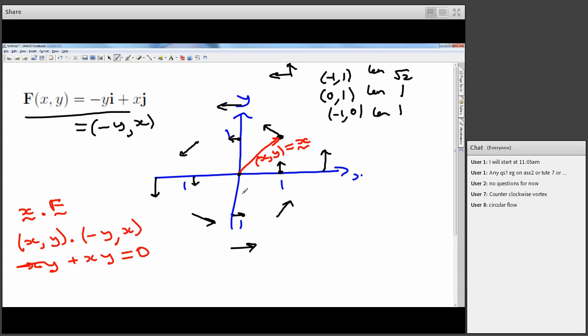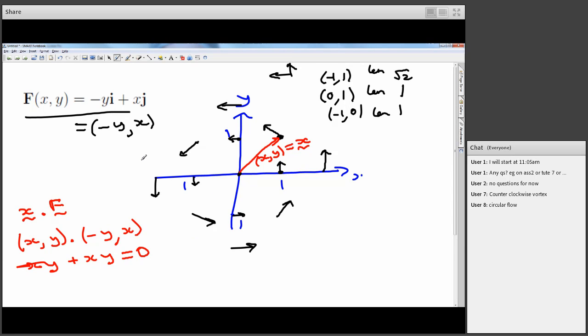Or sorry, it's flow, isn't it? So if you take the dot product with the flow, you're getting 0. That tells you that it's always flowing perpendicular to the position vector, which is really suggesting that it's a circle. So it's really moving in circular motions, which is what both people were referring to.